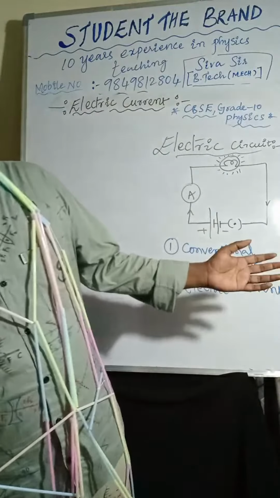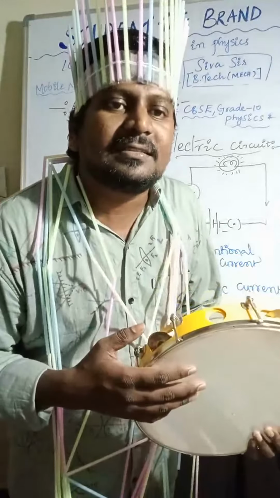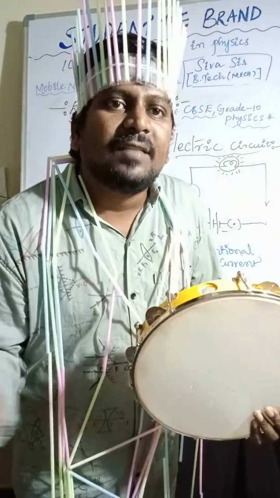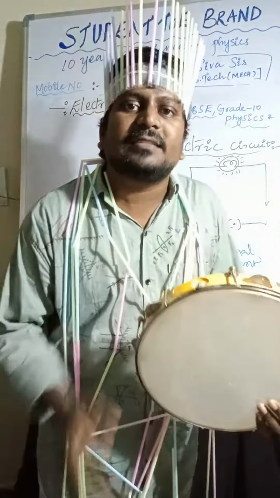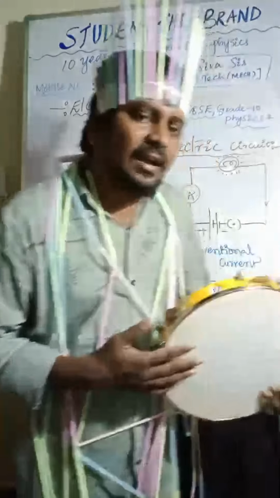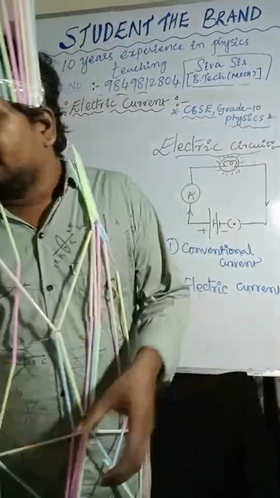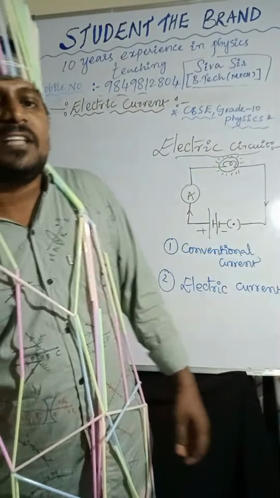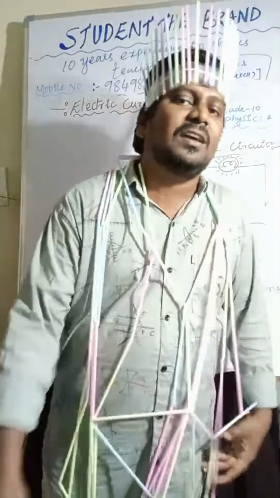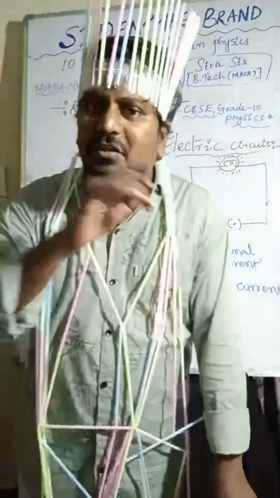The flow of electrons is known as the electric current. So the flow of positive charges will be considered as a conventional current.